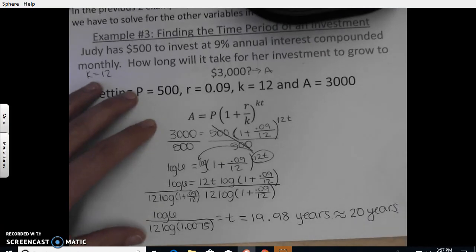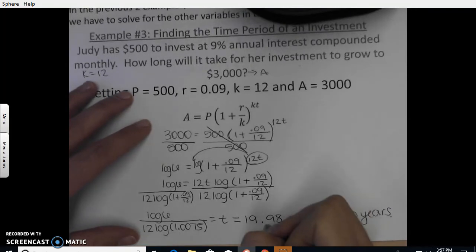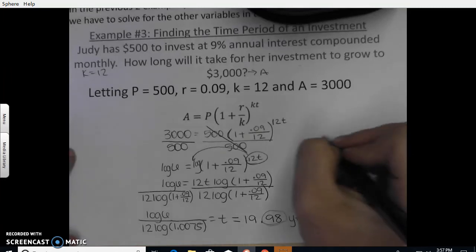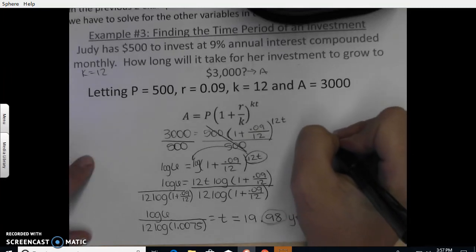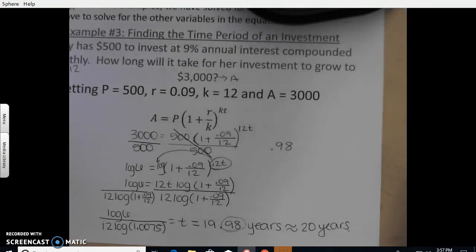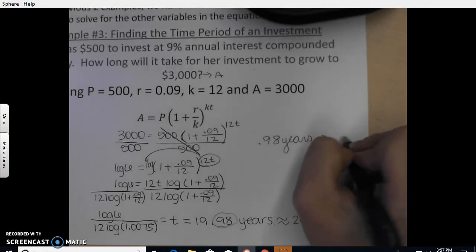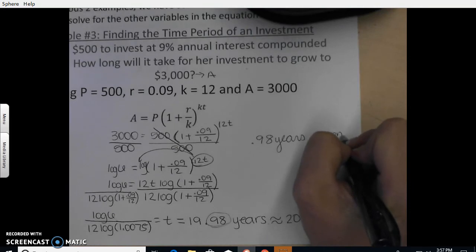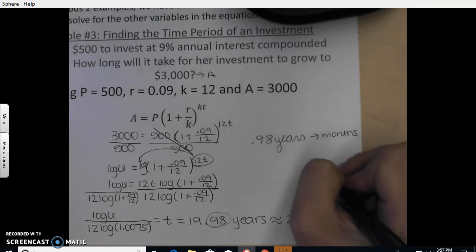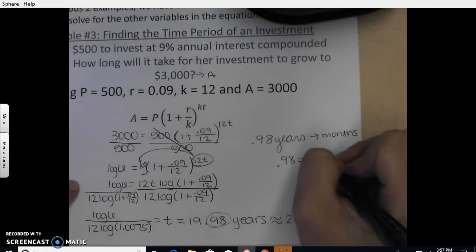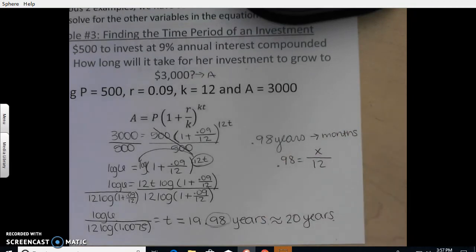And the reason I'm going to say this is 20 years is because I am not going to accept the 0.98 years. You have to take that 0.98 years and convert to months. So 0.98 is equal to how many over 12?